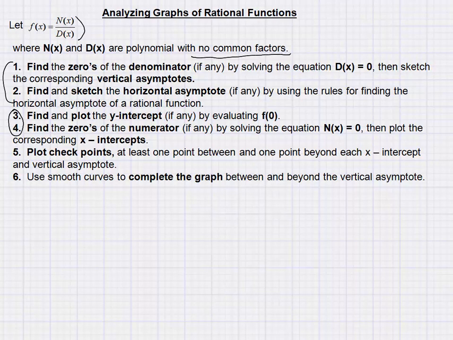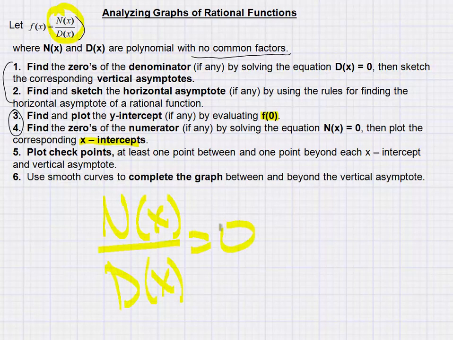How do you find a y-intercept? I find a y-intercept by letting x be 0. So essentially find f of 0. How do you find an x-intercept? Well, you let y equal 0. These things are fractions, and we're looking at this fraction, n of x over d of x. If I want to set this whole fraction equal to 0, the only time that's going to be equal to 0 is solely when the numerator equals 0.